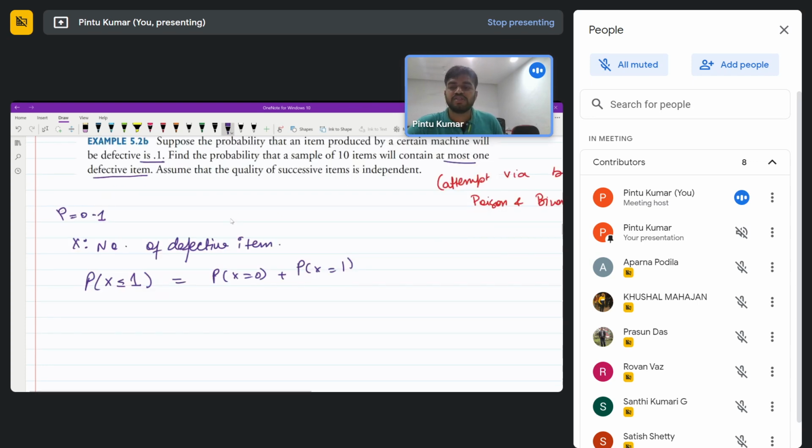Your p is given to be 0.1 and n is 10, so this is 10C0, 0.1 to the power 0 and 0.9 to the power 10, plus 10C1, 0.1 to the power 1 into 0.9 to the power 9.